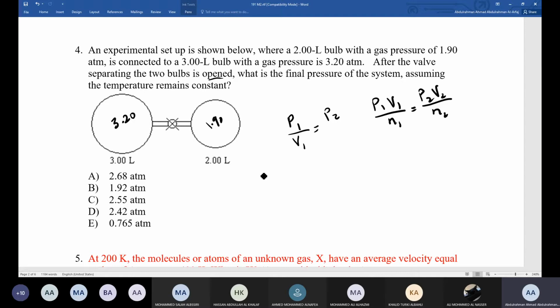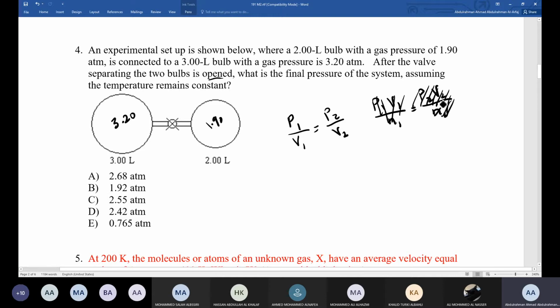Just a second. I think we don't need the N here. P1 over V1 equal to P2 over V2. Okay, yes, we do need this.